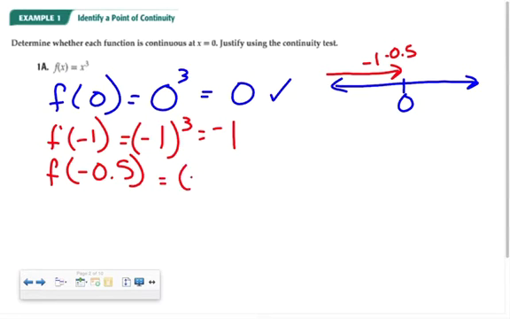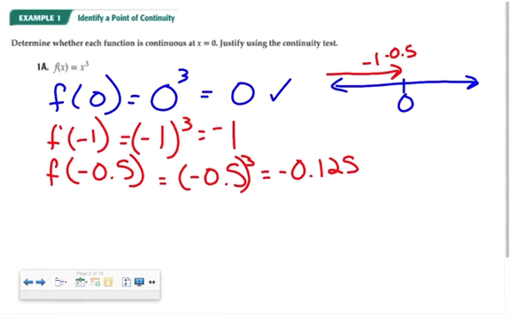Okay, so I take this negative 0.5 and I raise it to the third power, and I get -0.125. Oops, too many negatives. So as I'm approaching 0 from the left, I am in fact getting closer to f of 0 being 0. So that looks good so far.